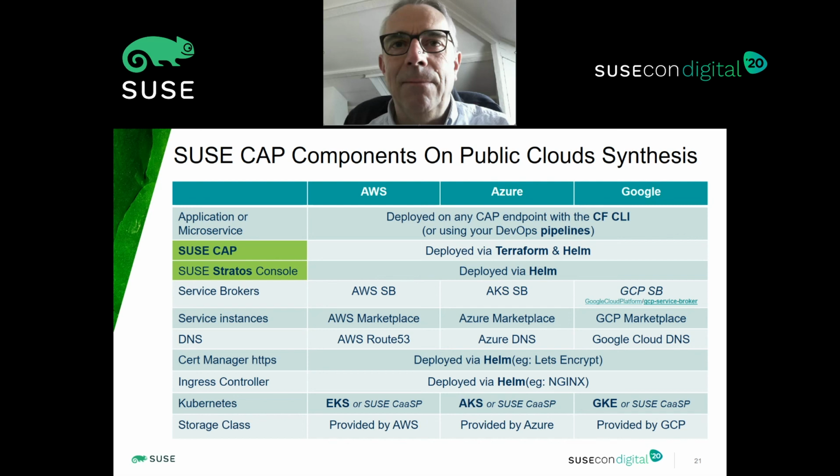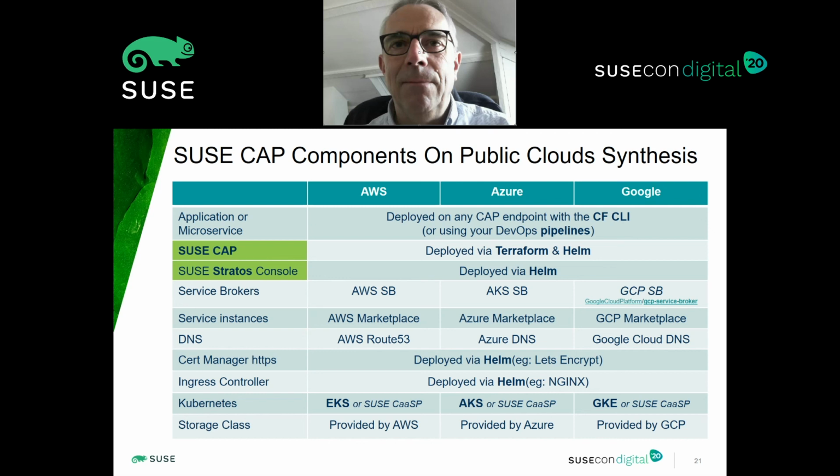The service broker exists for each of these clouds through a specific Amazon, Azure or Google service broker, all of them deployed through Helm charts. The service instances are produced from the AWS Marketplace, Azure Marketplace or GCP Marketplace.